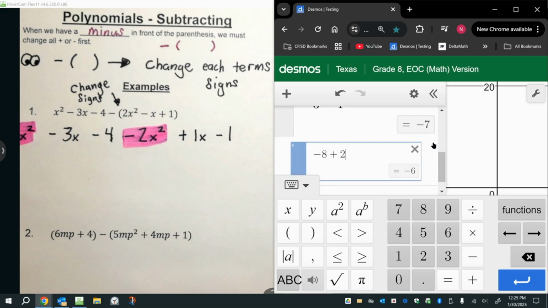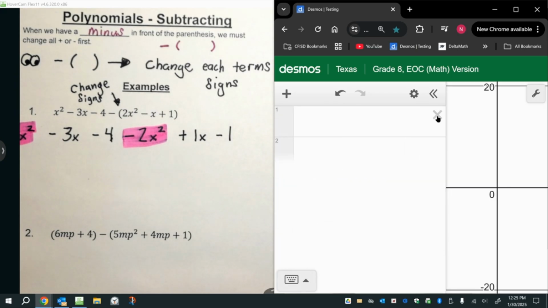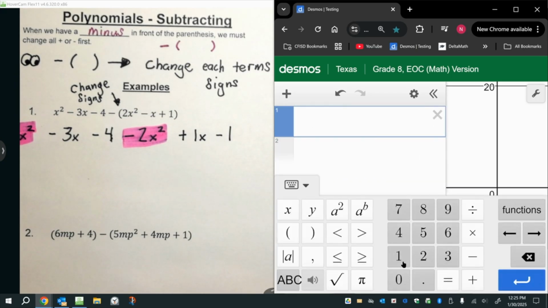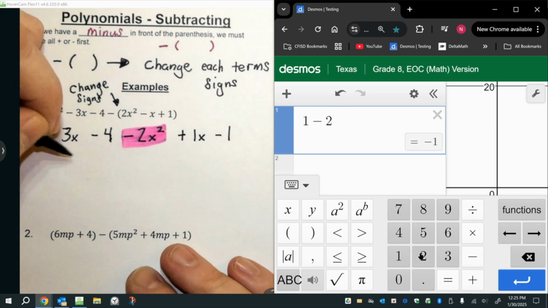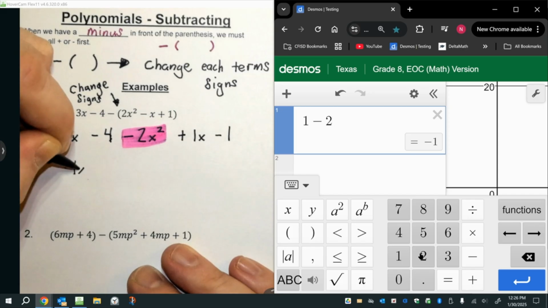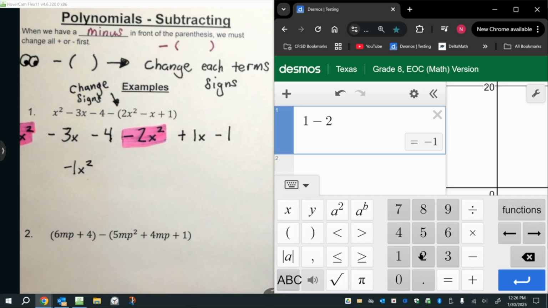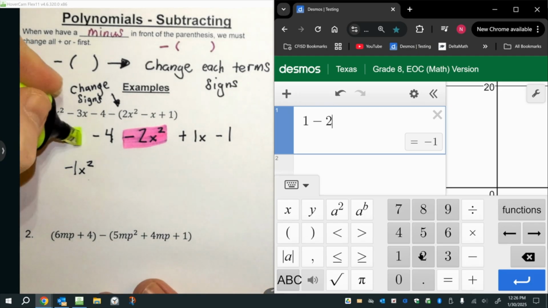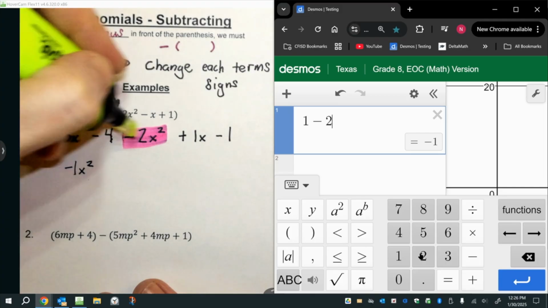So we have 1 minus 2, negative 1x squared. Then I have a negative 3. That's not the same.